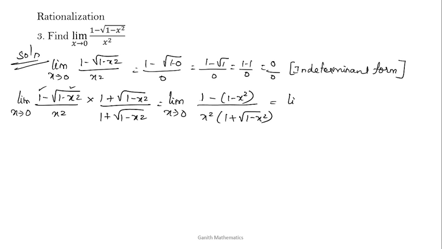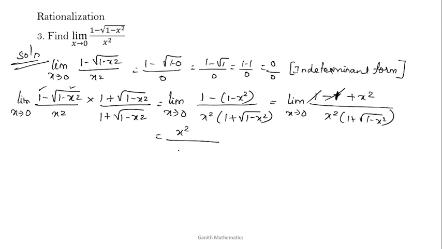So it is limit x tends to 0, (1 minus 1 plus x square) divided by x square into (1 plus square root of 1 minus x square). This plus and negative will get cancelled, and so it will be x square divided by x square into (1 plus square root of 1 minus x square). So this x square and x square will get cancelled.